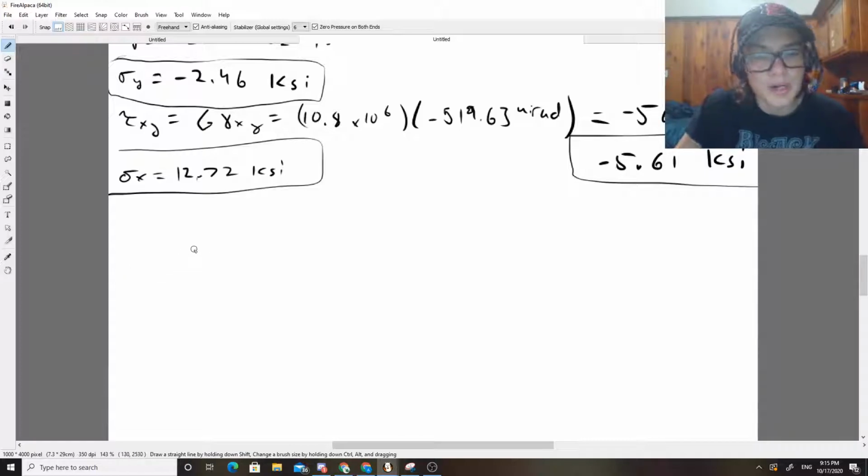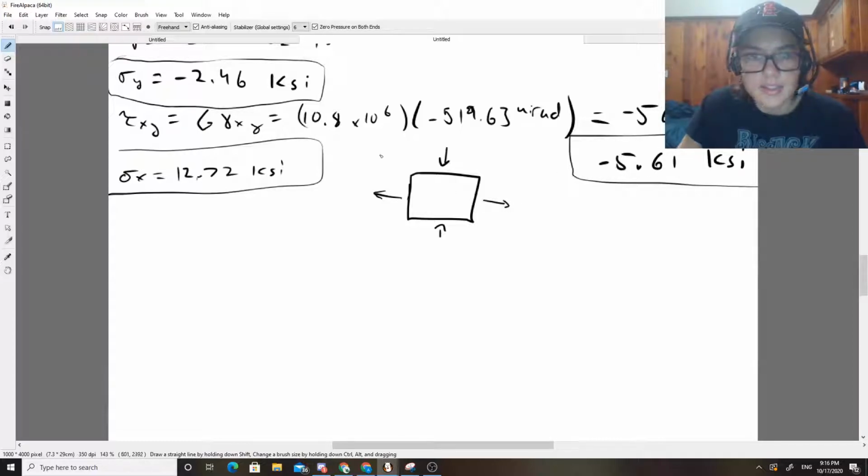Before we get to Mohr's circle, we can make a mock little stress block here. Since our stress at y is negative, it's compressive in this direction. Since our stress at x is positive, that's in tension.